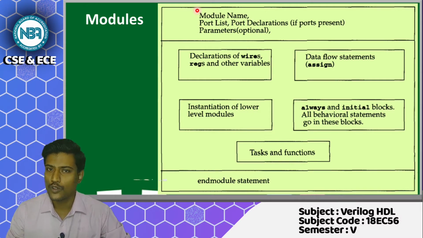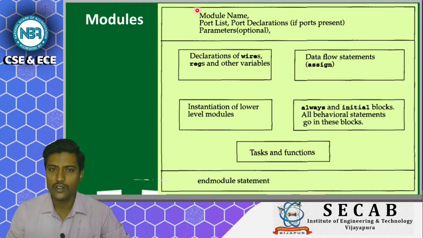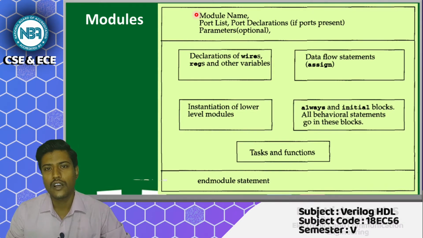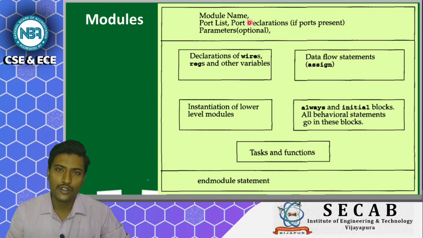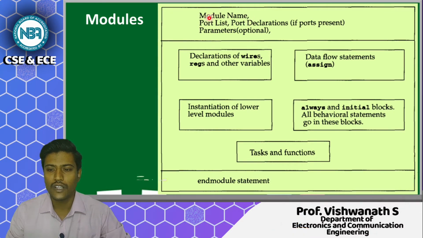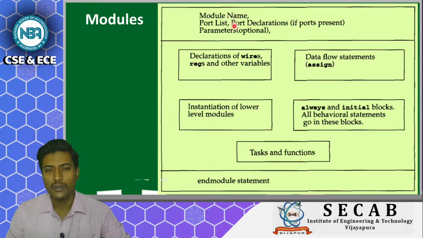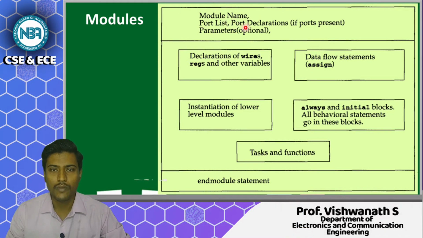No numerical characters or special characters are allowed as the starting character, whereas we can use numericals and special characters after the first character, which has to be an alphabet. And then we will be declaring our port lists as well. If you do not have any ports, then we keep it blank.